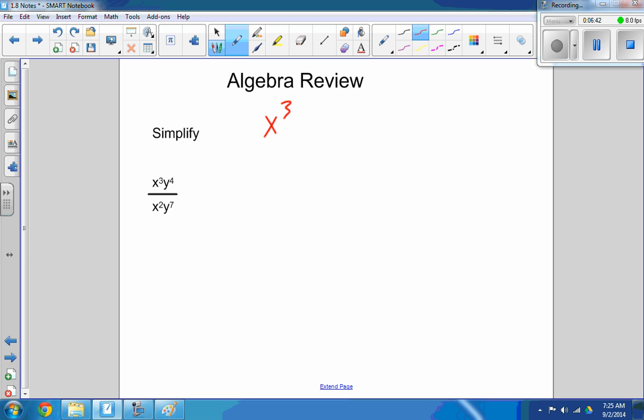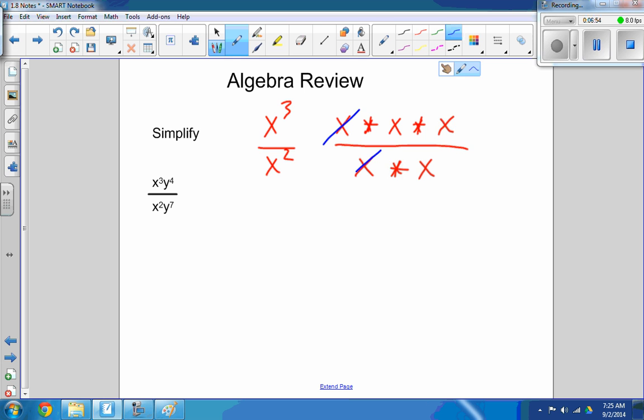X cubed over x squared, that's the same as x times x times x divided by x times x. Well, you're left with just a single x. Another way to think about that would be x to the third minus whatever you're dividing it by, which was 2. So I'm left with x to the 1. I don't need to write the 1.